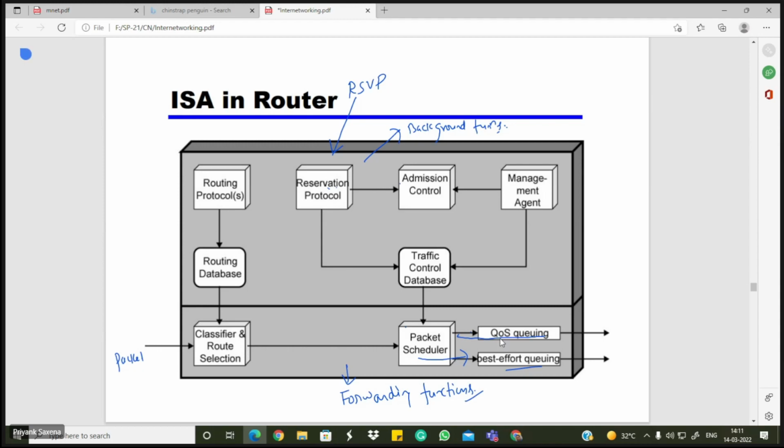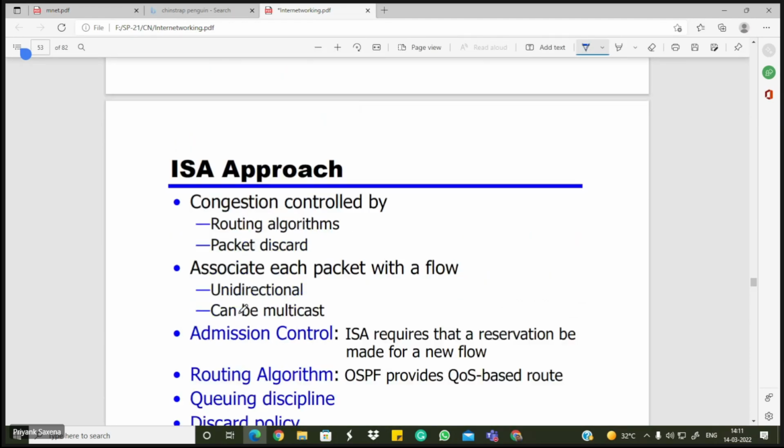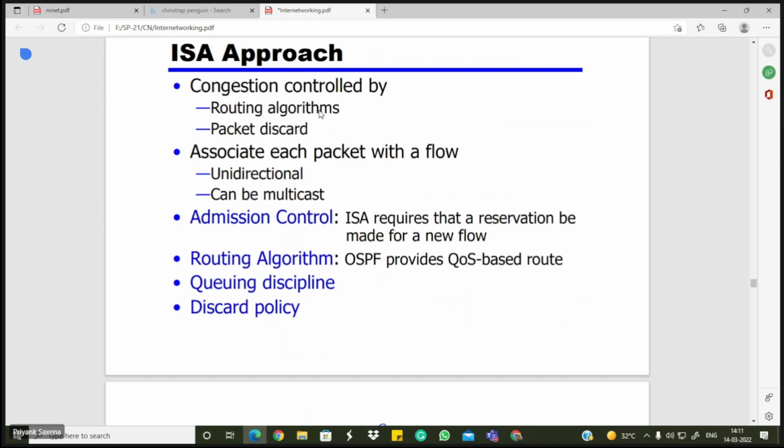So this queuing is changed based on the class into which a packet has been classified, right? If you see here, congestion is controlled by routing algorithms and packet discard.